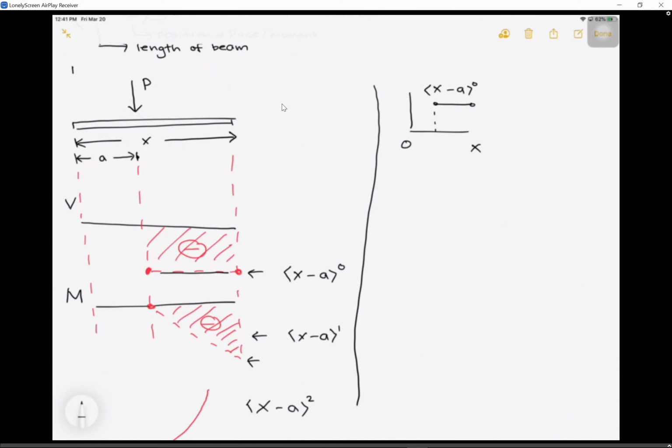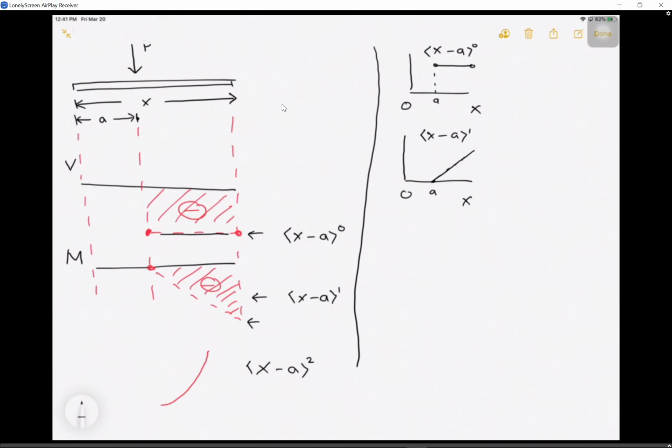If we have something like this from 0 to x, starting at a, that could be defined by x minus a raised to 1. And if we have something like this, again 0 to x, starting from point a, we have x minus a raised to 2.